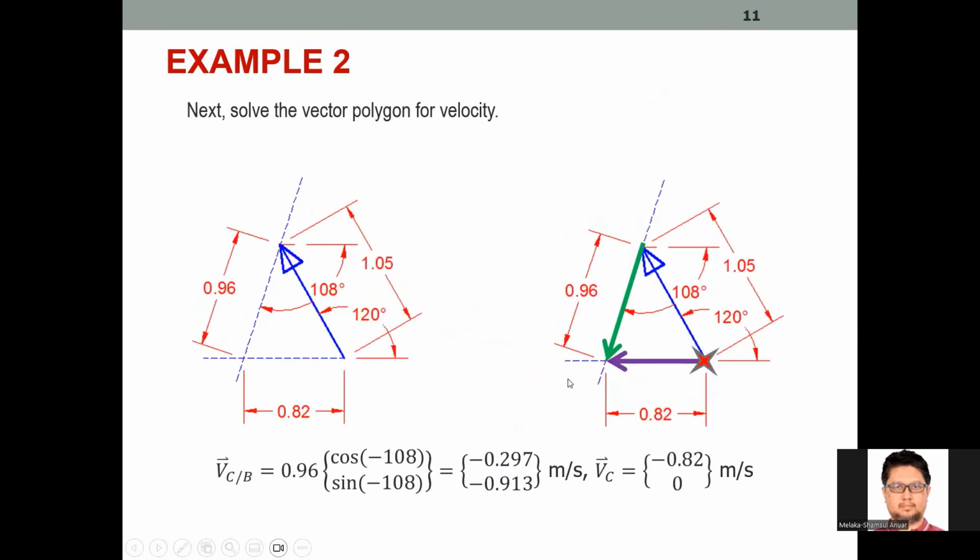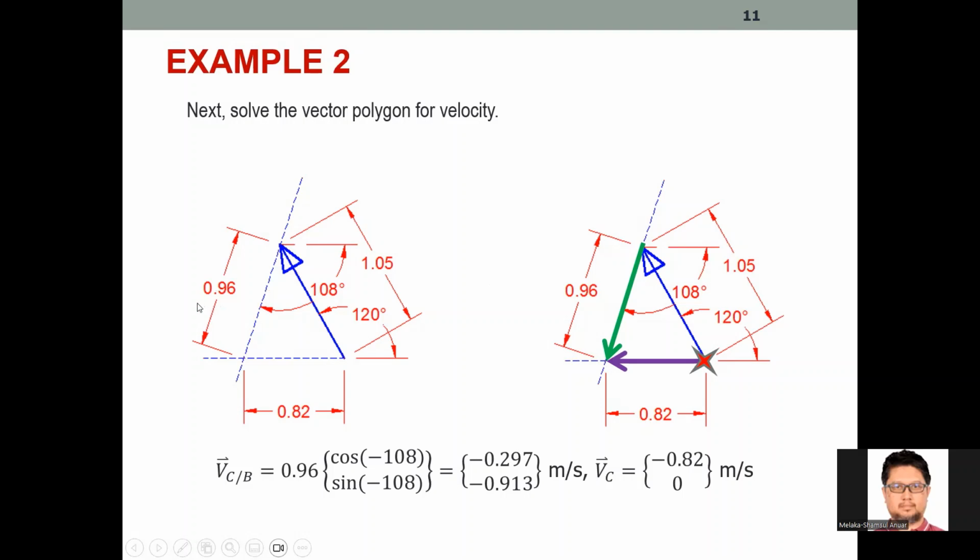Okay, and in this case, since this 1.05 meter per second is already known, over here will be the origin, and this will be the direction of the slider of the piston, and this is the direction that is perpendicular to link number 3, which is the connecting rod.